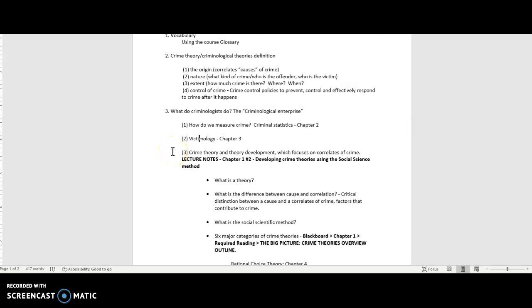It's focusing on the correlates of crime. That includes, for example, we need to know what is a theory before we can look at crime theories. We need to have an understanding of the difference between the cause of crime and correlation of crime. They are different, very critically important differences. We need to understand what the social scientific method is that is used to develop those theories.